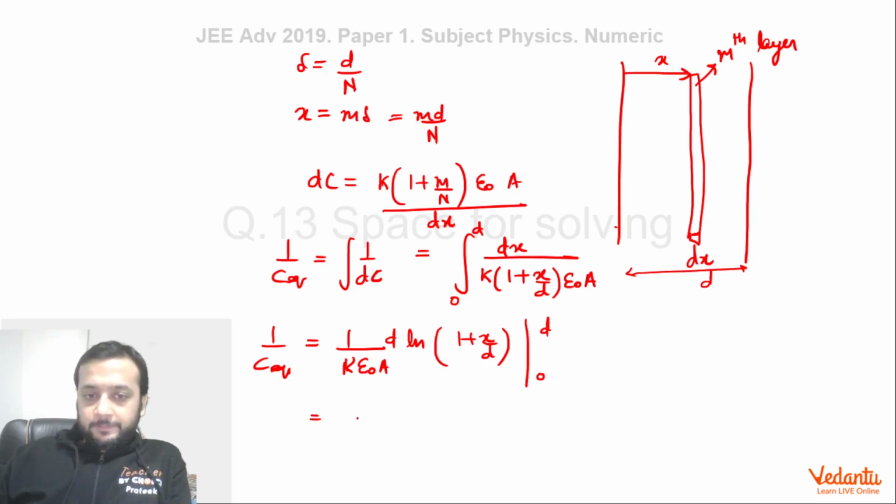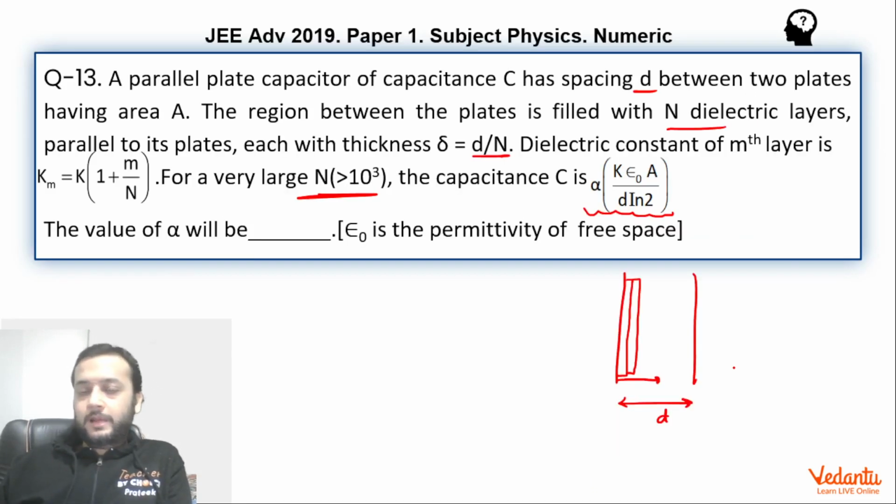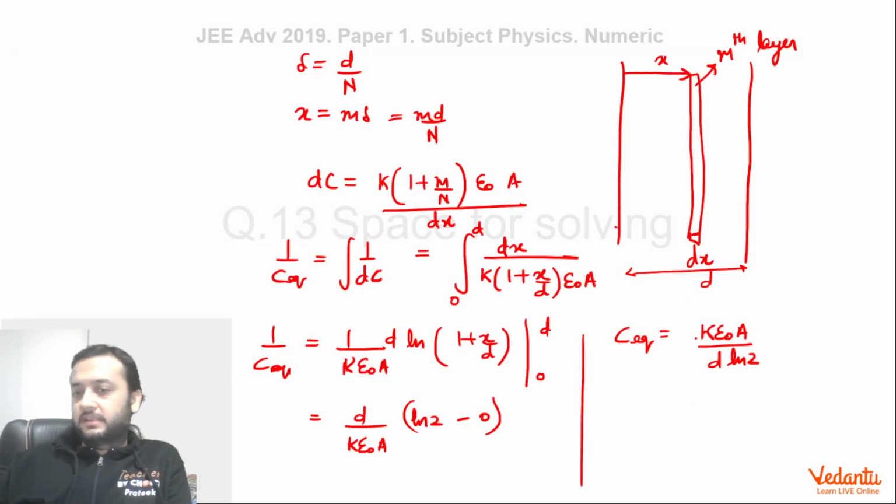So what does this become? d upon K epsilon naught A times ln 2 minus ln 1, which is 0, which means C equivalent becomes K epsilon naught A divided by d ln 2. So if you go back, this is exactly the term written in the brackets, and hence alpha must be 1.